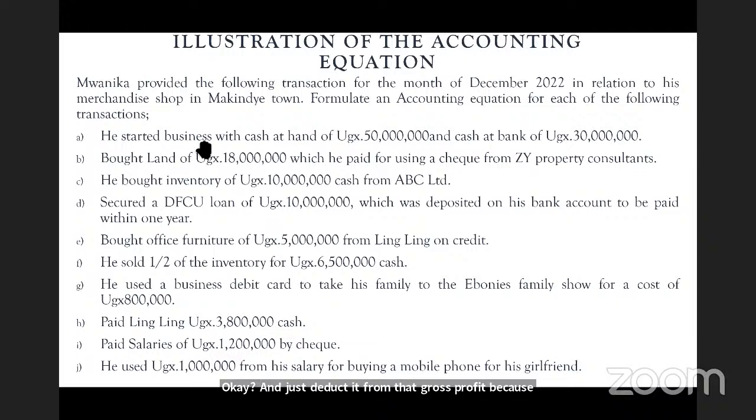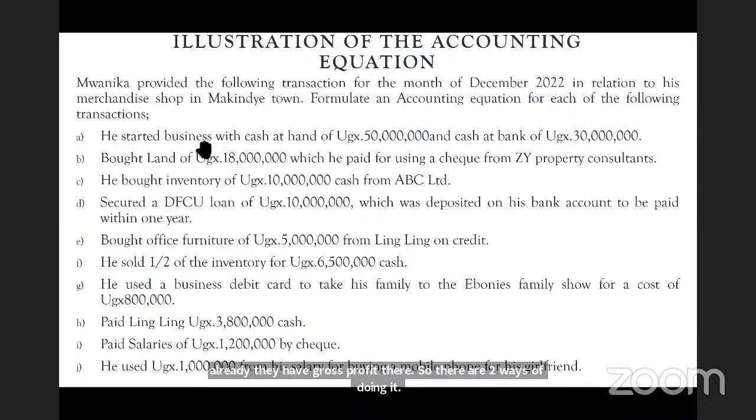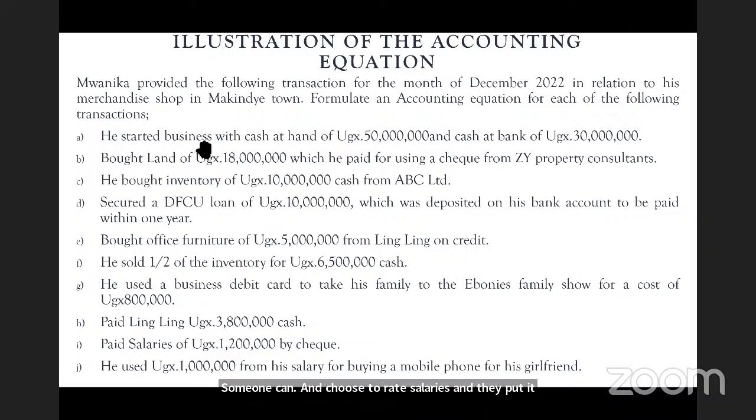So there are two ways of doing it. Someone can choose to write salaries and put it in brackets, or they just deduct it directly from the gross profit that is there.